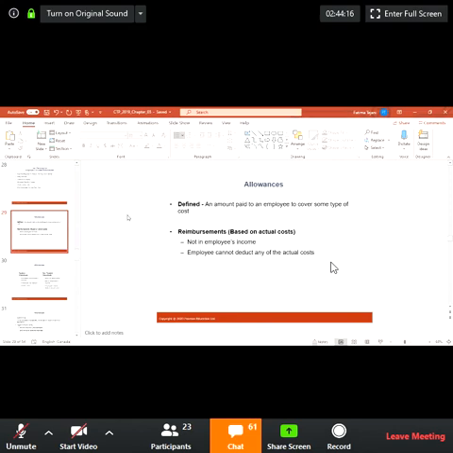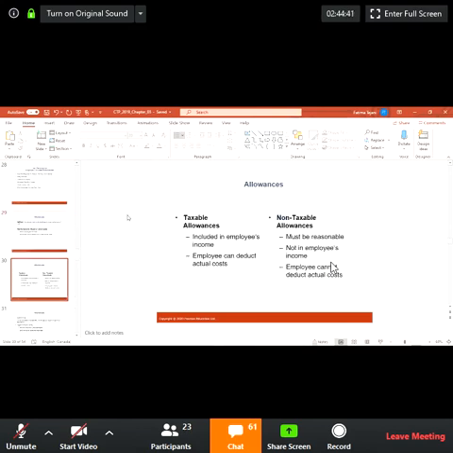Allowances can be added into the taxable income or not, while reimbursement is not employment income. You cannot claim CPP or EI because it's not added up in the employment income.